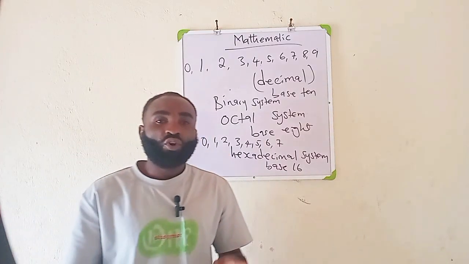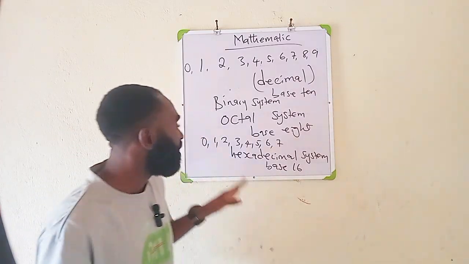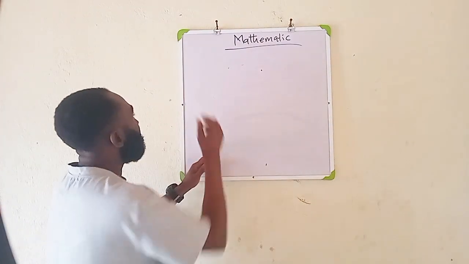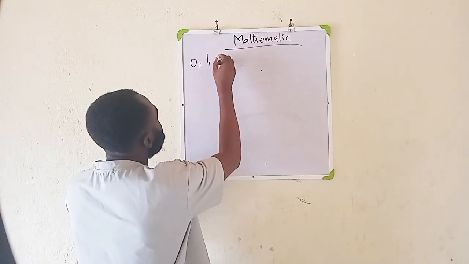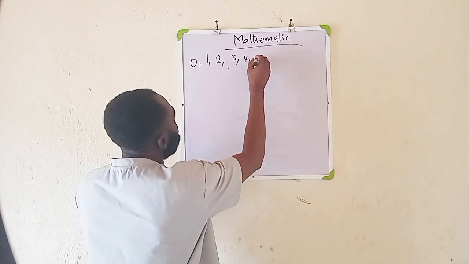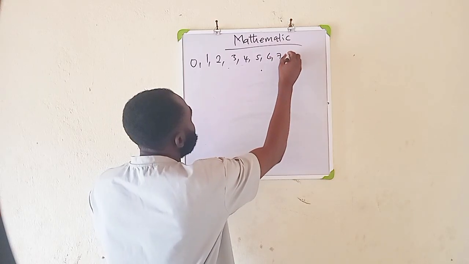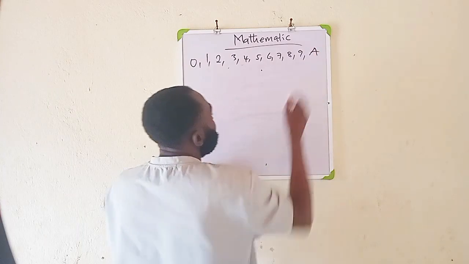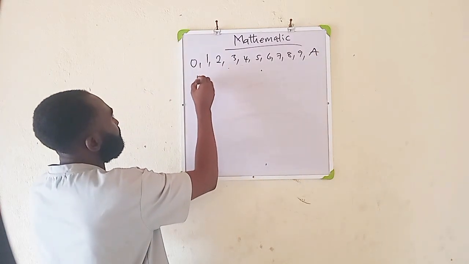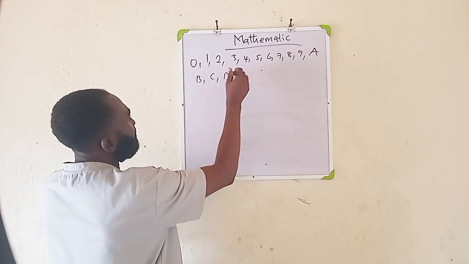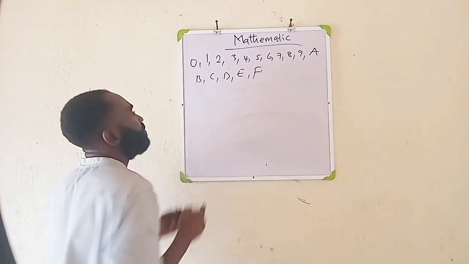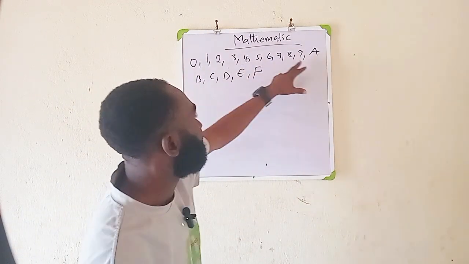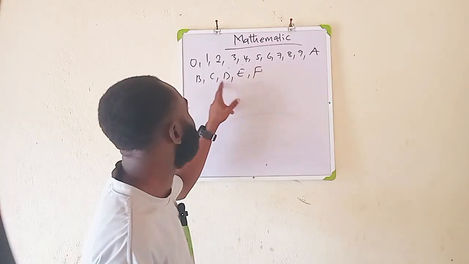In the hexadecimal system, we have 0, 1, 2, 3, 4, 5, 6, 7, 8, 9, then A, B, C, D, E, F. When we reach 9, we use A, B, C, D.